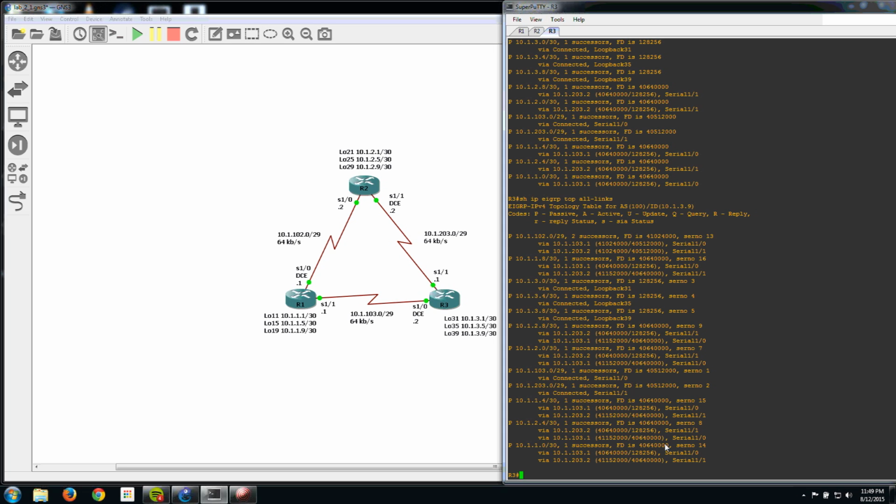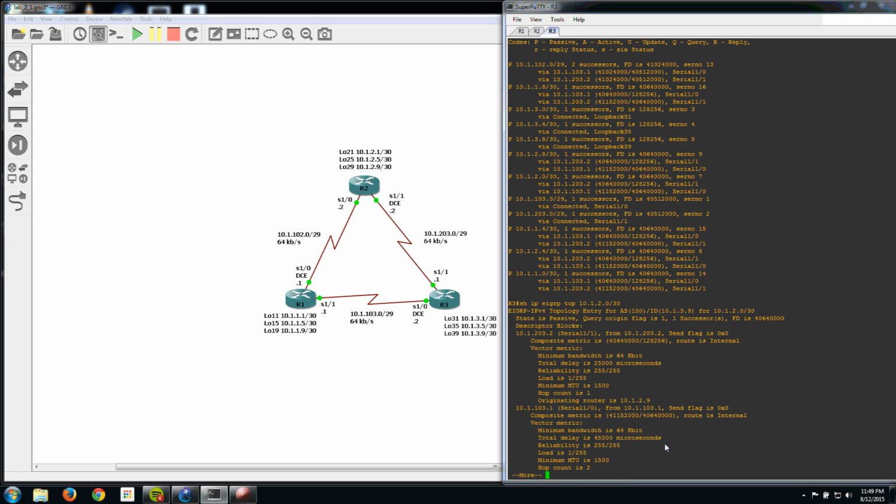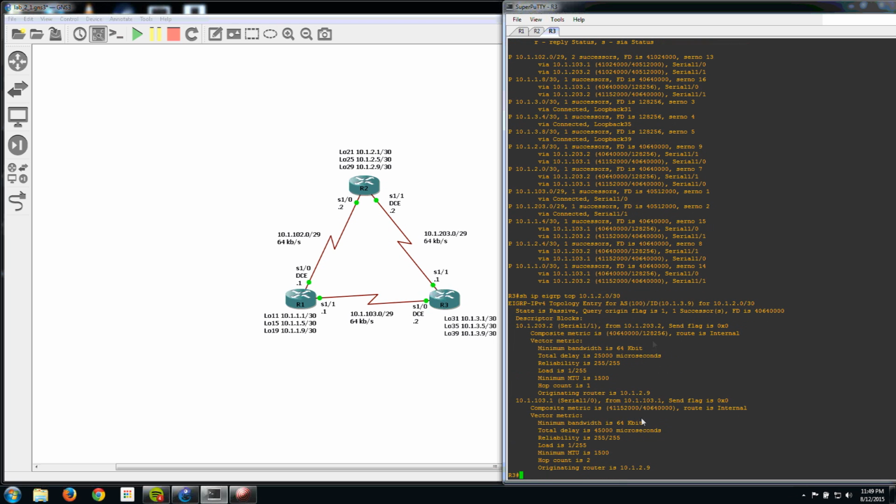So let's take a look at show IP EIGRP topology 10.1.20.0/30. And that is pretty much matching up.